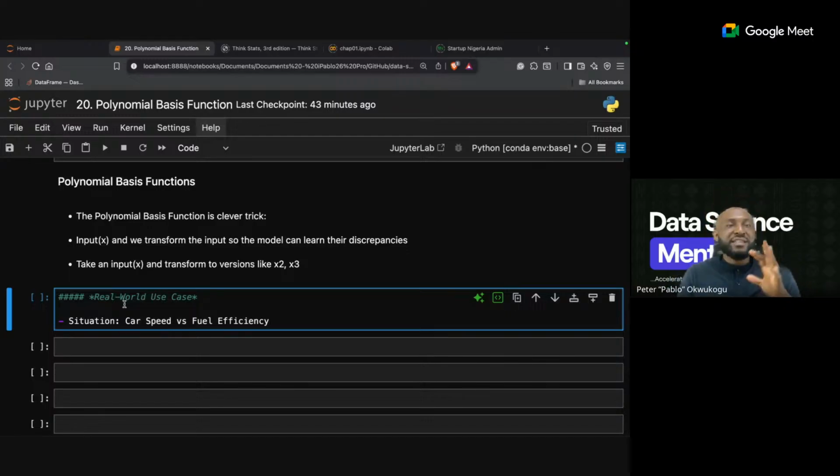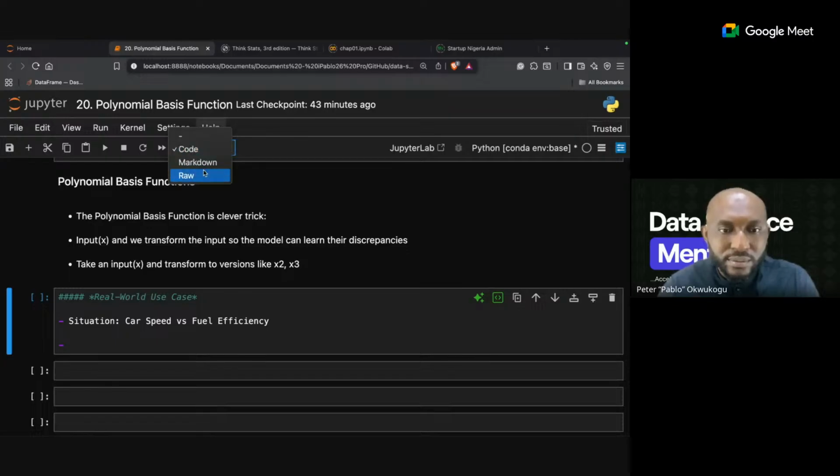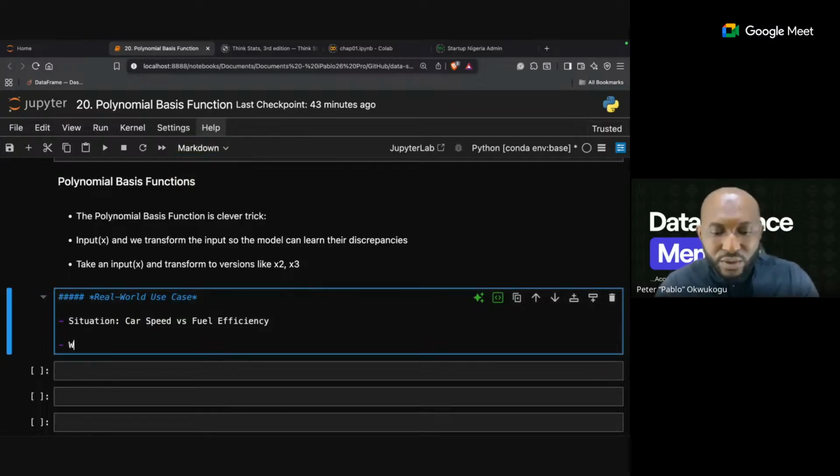Now, let's say we notice that at low speeds, MPG, or we might say kilometers per gallon, but we can say miles per gallon, which is a very popular way to look at it, increases.